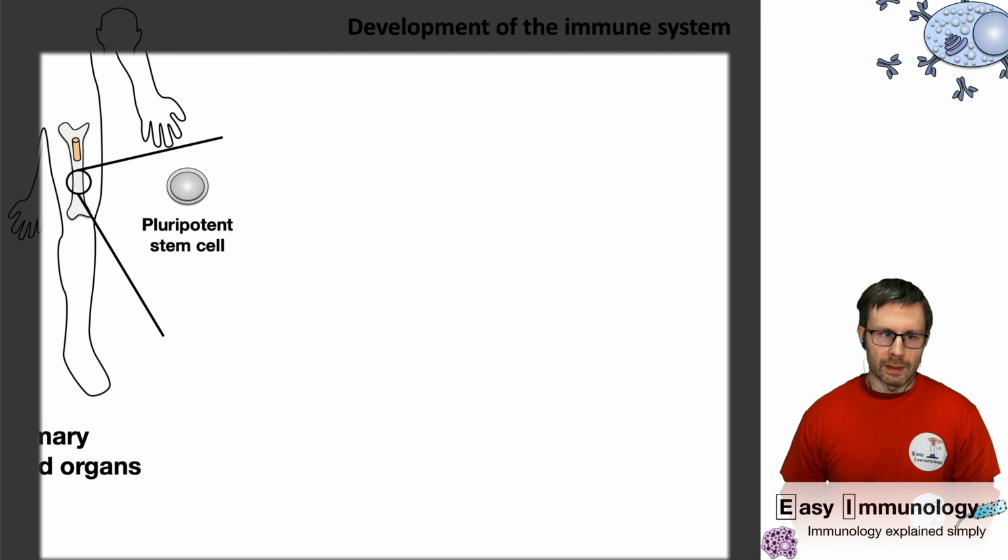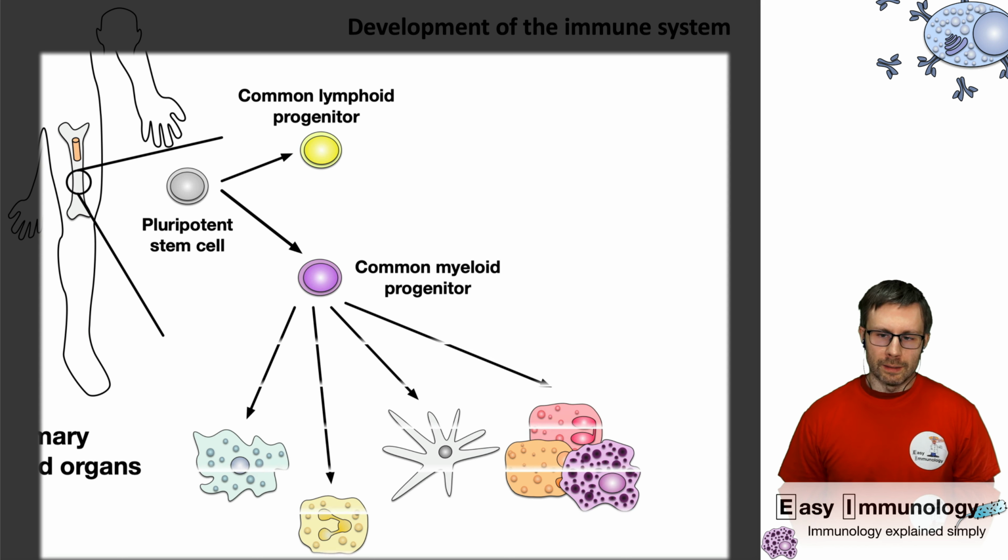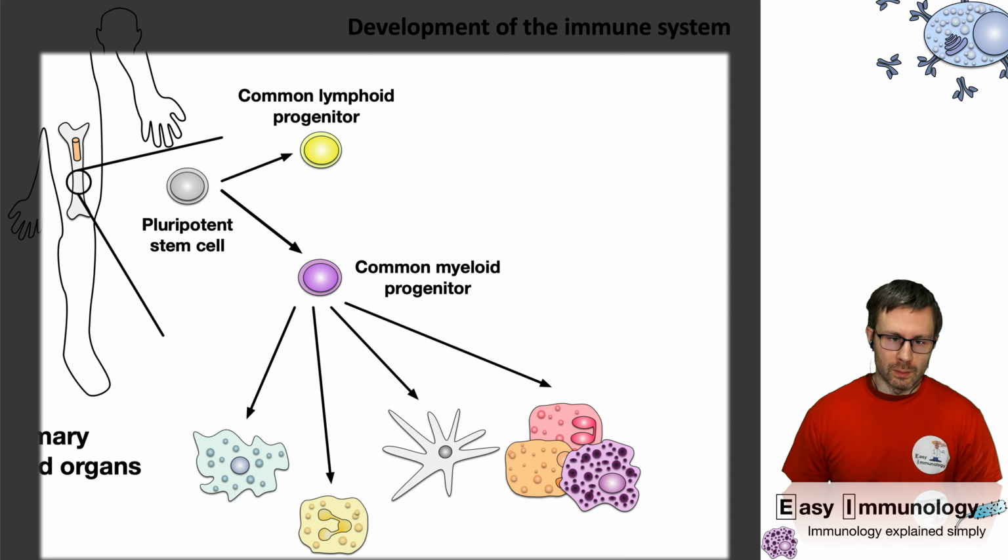That would be omnipotent, like the fertilized oocyte, which has to develop into all cells in our body. This is less potent, if you want to call it that, and it develops first into the common myeloid progenitor, which is the predecessor for most of the cells in the innate immune system, like dendritic cells, macrophages, neutrophils, and the granulocytes.